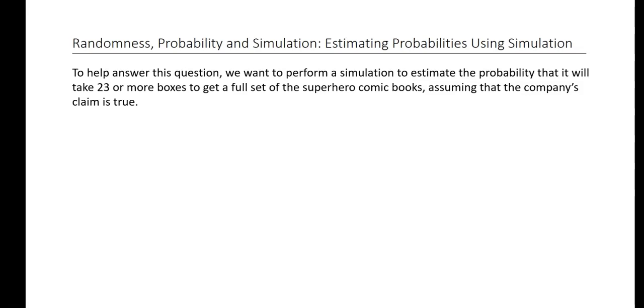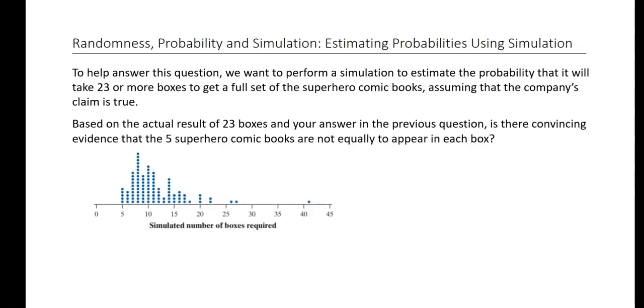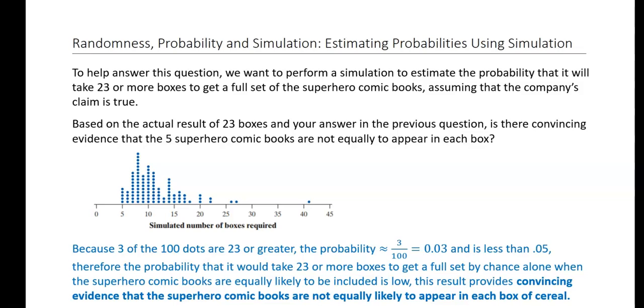To help answer the question, we want to perform a simulation to estimate the probability. So based on the actual results of 23 boxes, is there convincing evidence that the 5 superhero comic books are not equally likely to appear in each box? So again, since 3 out of 100 were greater than that, that's less than 5%, that's 3%. Therefore, the probability that it would take 23 or more boxes to get them all is low, because that's less than 5%.